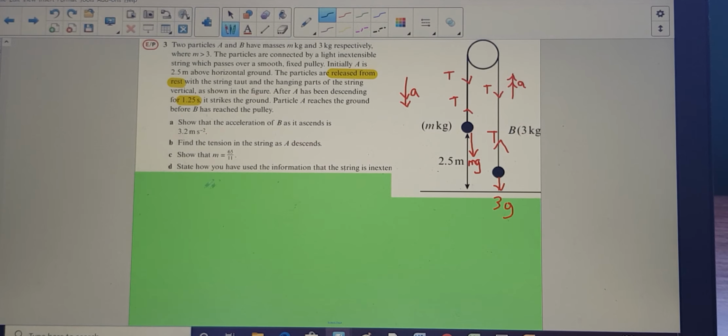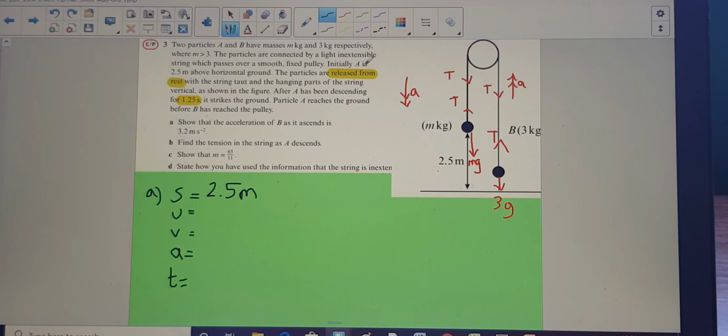Okay, part A. I know that the acceleration is going to be constant, so I'll list my suvat. If I call down positive, I'm going to say that it's moved 2.5 meters.